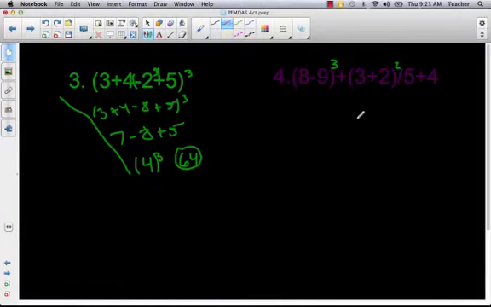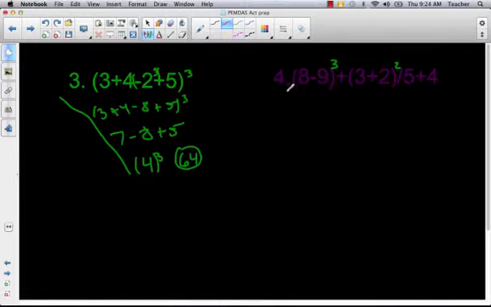All right, so we're getting into some hairier stuff. 8 minus 9 to the third plus 3 plus 2 to the second divided by 5 plus 4. So you see all those parentheses, you see all the division, you see all the multiplication, and in your mind you kind of start to panic. So we'll just make it simple.